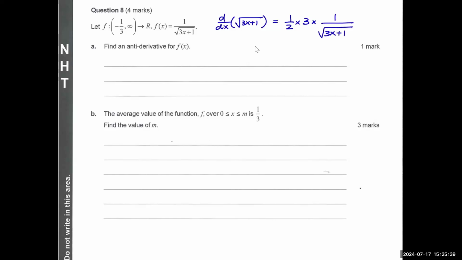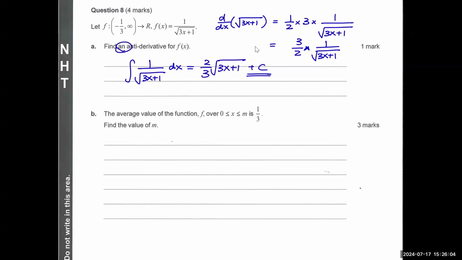And that will give you 3 on 2 times 1 over square root 3x plus 1. Okay? So if you antidifferentiate 1 over square root 3x plus 1 dx, that will actually give you 2 on 3 times square root of 3x plus 1 plus C. The question says an antiderivative, so C can be any real number.